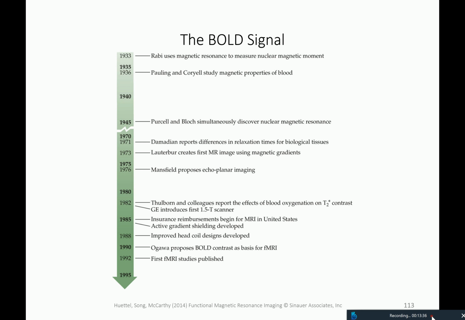But there's also kind of the BOLD signal history proper, that is described here in this picture by Hüttel. Fairly early on, we didn't discuss the history of MRI yesterday, but this also started in the 1920s, 30s. At the same time, Linus Pauling and Coryell learned about the magnetic properties of blood, which is of course important, and we will see.